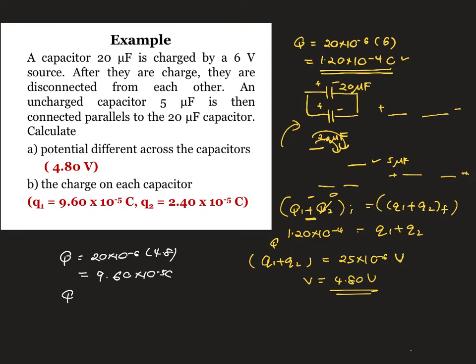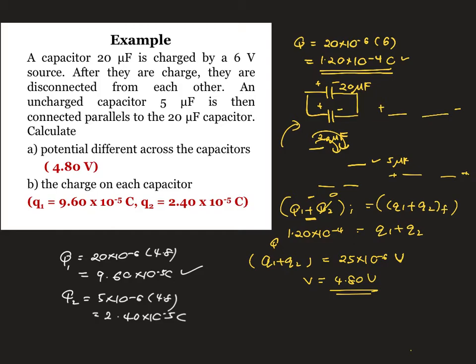And for the Q at 5 microfarad, you are going to get 2.40 × 10^-5 coulomb. Basically it's logical because Q1 has a higher capacitance, therefore it's going to have more charge at 20 microfarad compared with 5 microfarad.